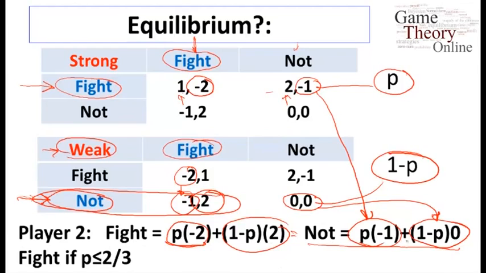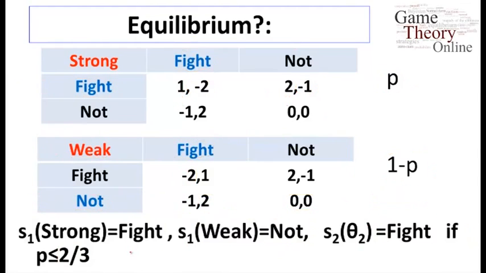You can check via the algebra, solving for p, that you get again a cutoff of 2/3. If p is less than 2/3, player 2 will be willing to fight. So we end up with an equilibrium where player 1 fights when strong, not when weak, and player 2 fights, and this holds together if p is less than or equal to 2/3.